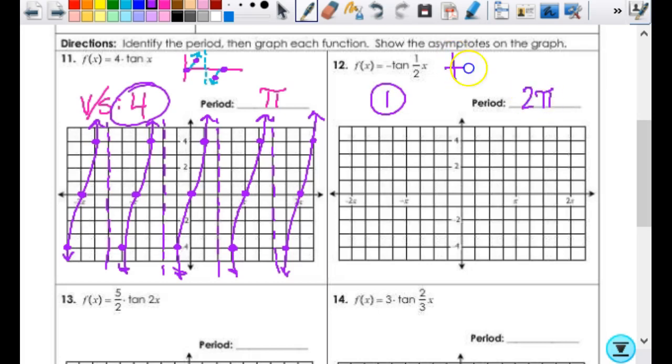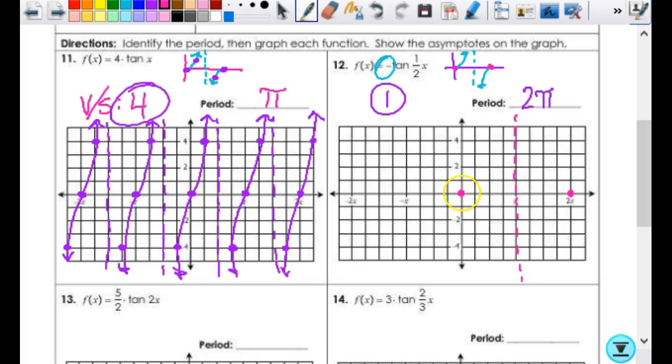And what else do I have going on in this graph? A reflection, because this is a negative right there. So this is my parent function, right? That's what I got to put on there first, those important points. So I know I'm starting at 0, 0. The end of the period is at 2 pi. So I now have these 2 points on there. Halfway in between those two, which would be at pi, is an asymptote.